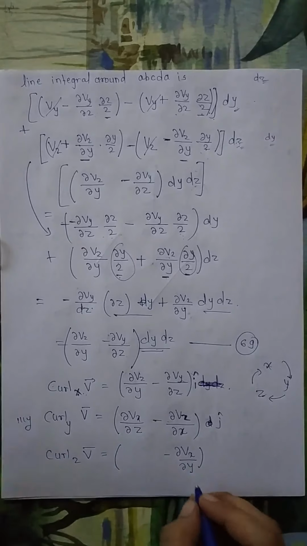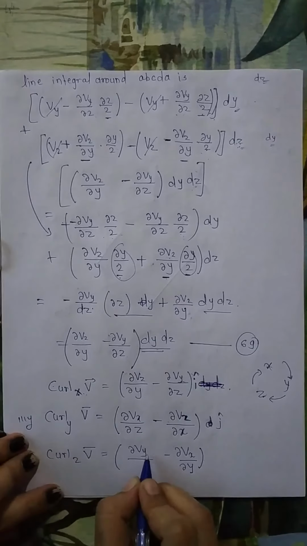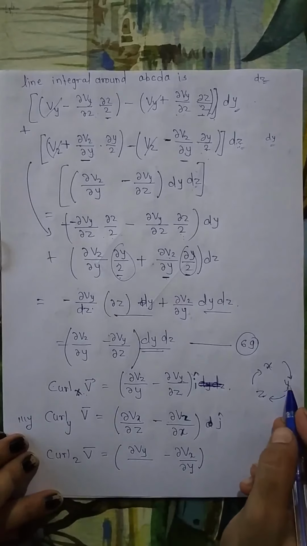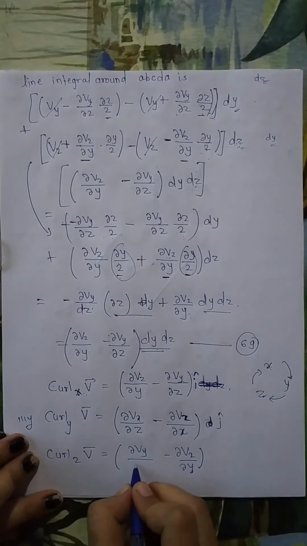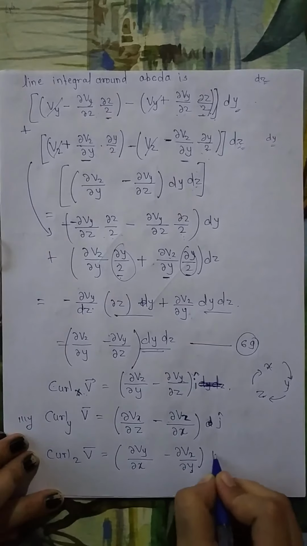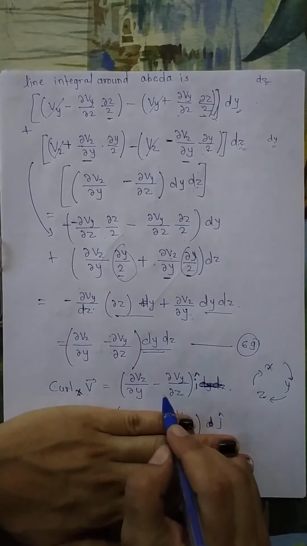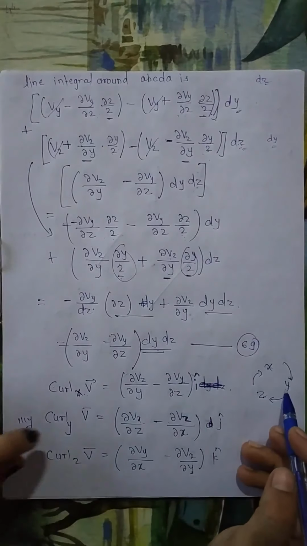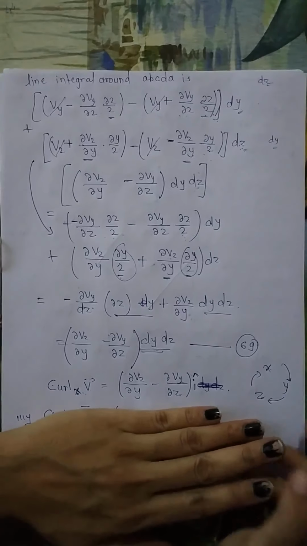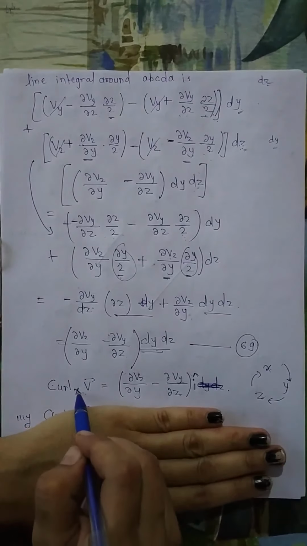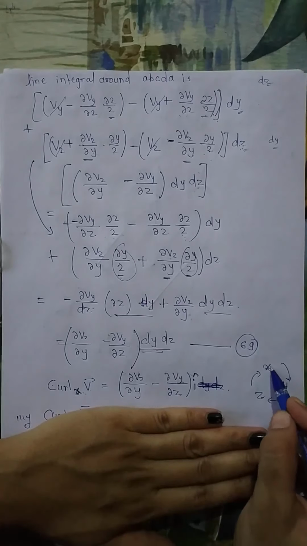Now again here there is y, so we will take dou vy, and again after y, since there is y we will take here x into k cap. Now how to remember this? So we have calculated this, and from this analogy we calculate for y and z. Now how to calculate this? Let me explain. So here if you observe curl of x, this is along x, so we take first x.